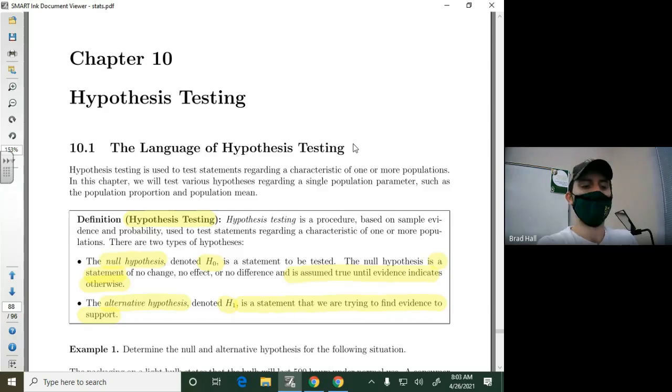Now, a good analogy for all of this is a court proceeding. The defendant is normally given the benefit of the doubt. The defendant is normally assumed to be innocent until evidence proves otherwise. So the null hypothesis here would be that the defendant is assumed to be innocent. It doesn't mean they are innocent, so we are not claiming that they are innocent. They are assumed to be innocent.